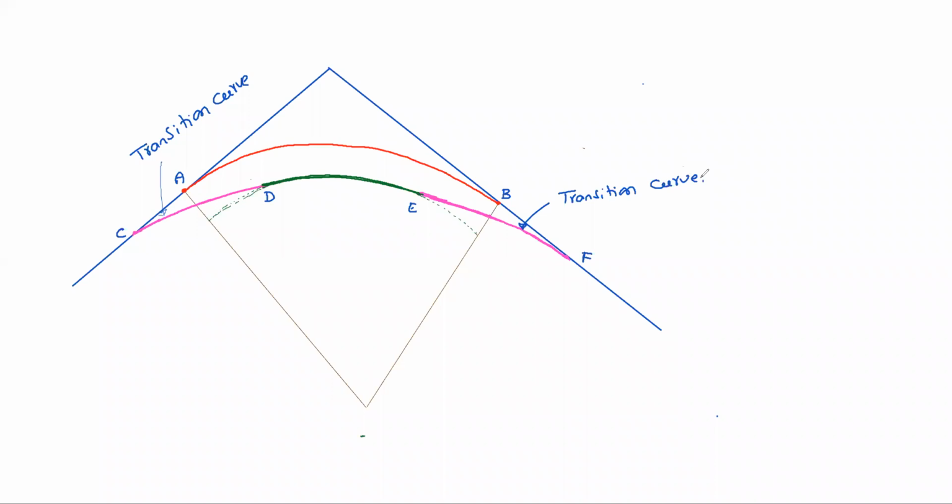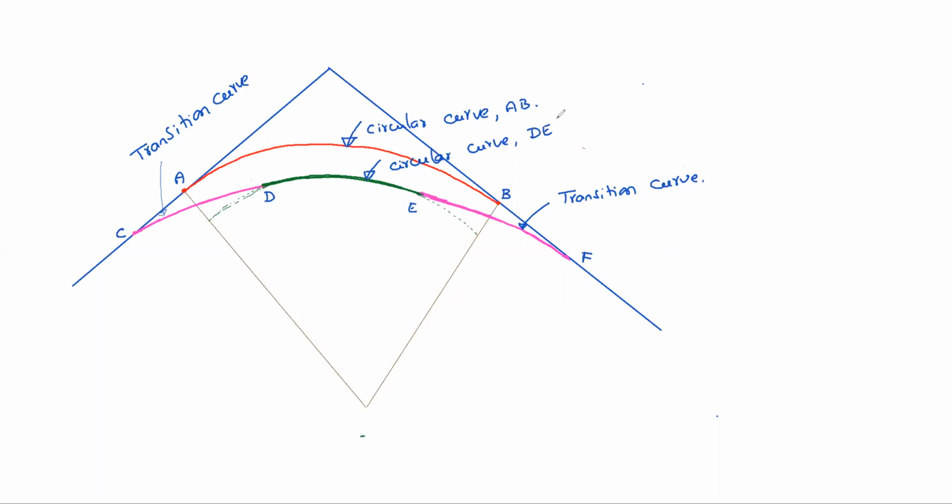So what is the specialty of the transition curve? We will see. You can observe the curve portion here. Without the transition curve, the circular curve is AB. But now we are providing the circular curve with D only.